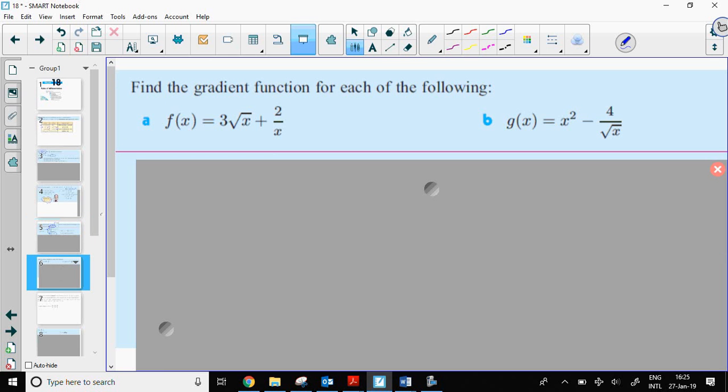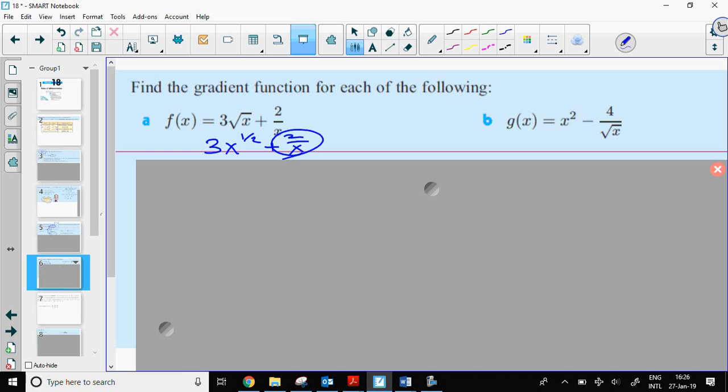If we've got radicals, we just want to rewrite those as exponents as well. So that's going to be 3 times x to the 1/2 plus 2 over x. This one's a little bit tougher. We're going to have fractions involved. But again, using the power rule, it'll be 3 times 1/2. So I've got 3 over 2 times x to the power of negative 1/2, because that's 1/2 minus 1.